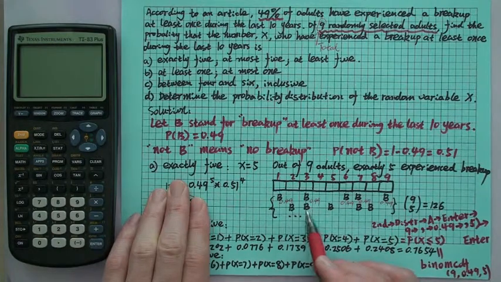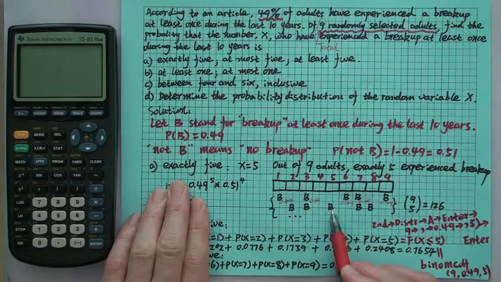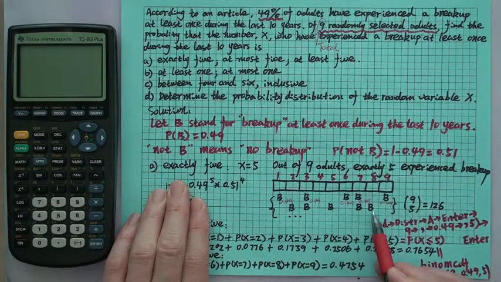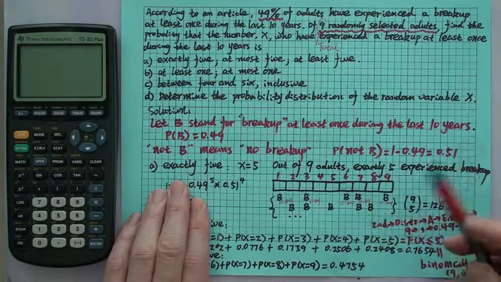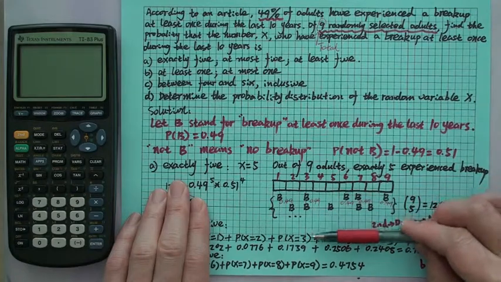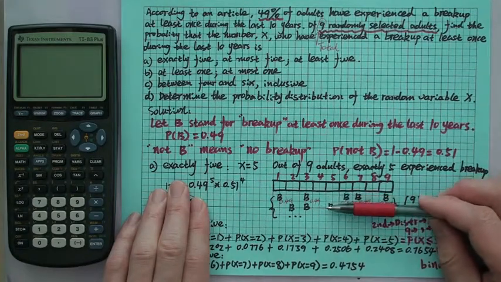But case 2 could be the second adult, third adult, fifth adult, seventh adult, eighth adult having experienced a breakup at least once in the last 10 years. So how many cases are there? I only listed 2 cases.